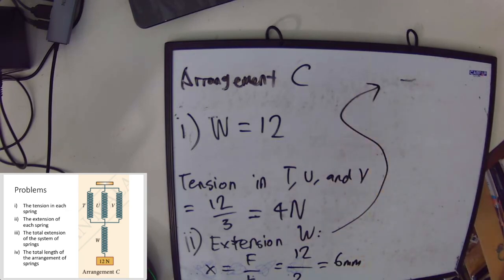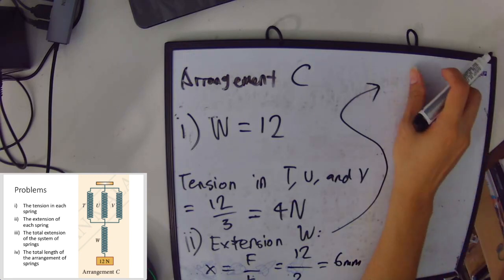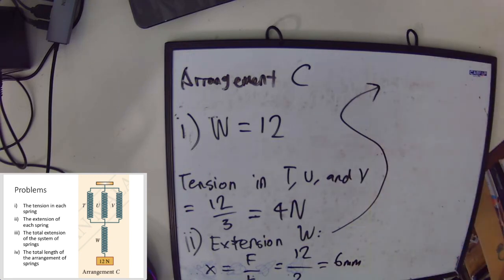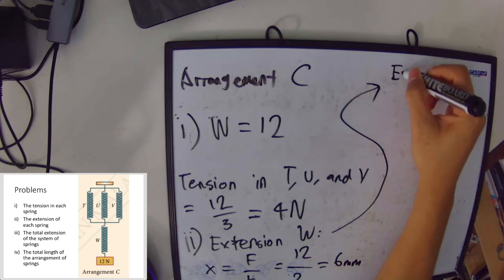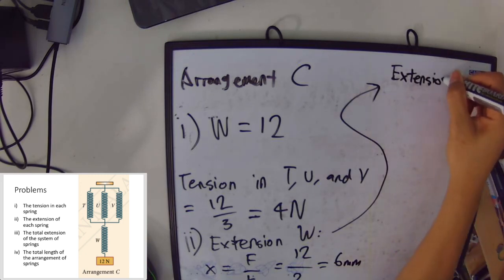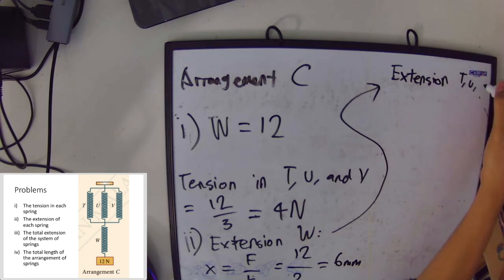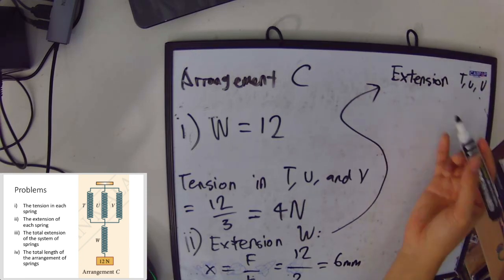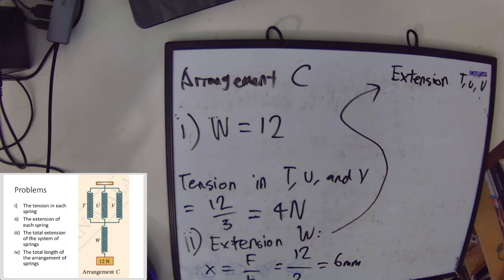And then for T, U, and V, we use the same formula, but this time we use the value of 4 newtons. There are several ways we can do that, but the easiest way is to use the value of the force on each spring. So extension of T equals extension of U equals extension of V, right?